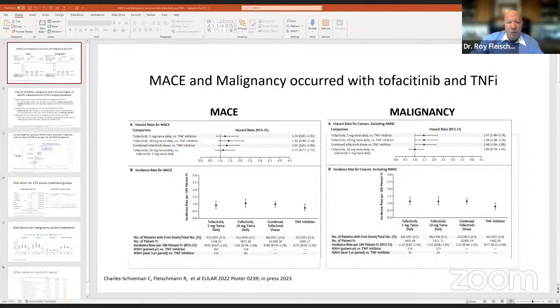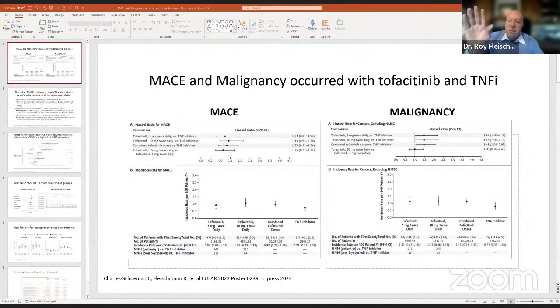They also occurred with the TNF inhibitor, but numerically more with the JAK. And the other point is the number needed to harm is actually quite large. And when you think about the benefit, the number needed to help with JAK is actually pretty low. So if you take a look at the number needed to harm versus the number needed to benefit, the risk-benefit still is in favor of a JAK in an individual patient.